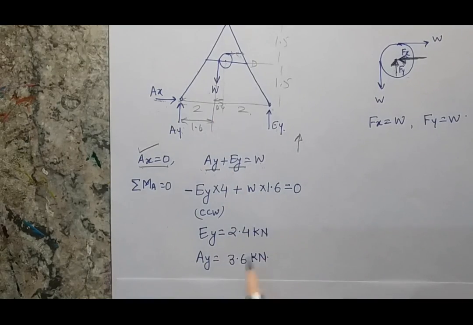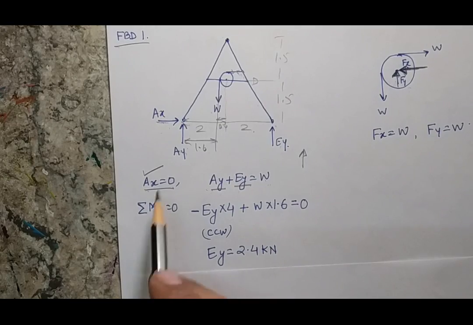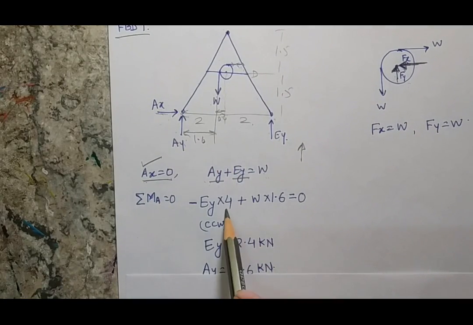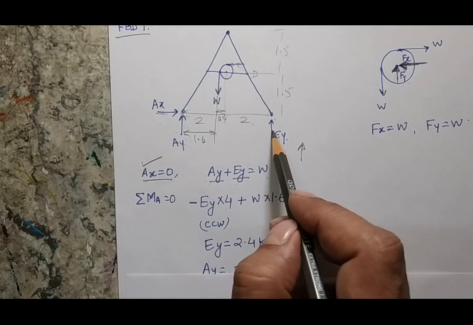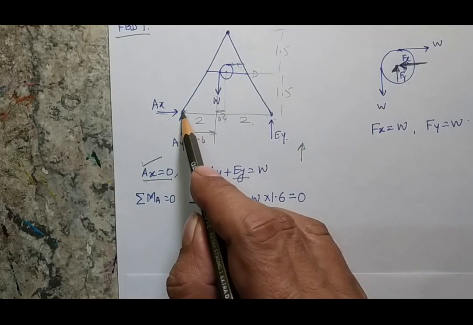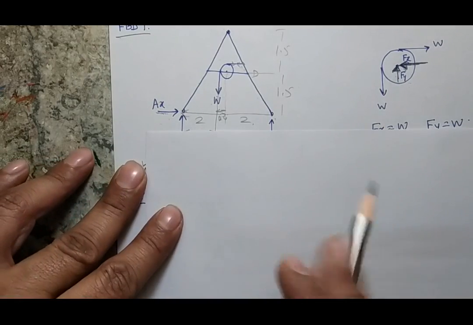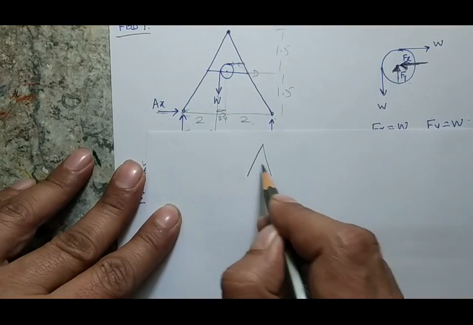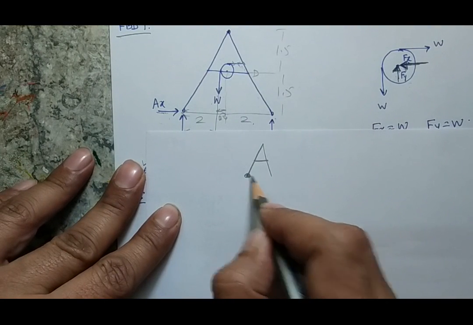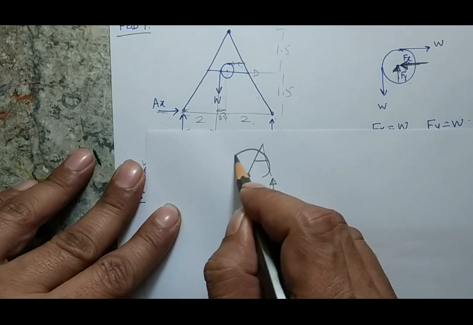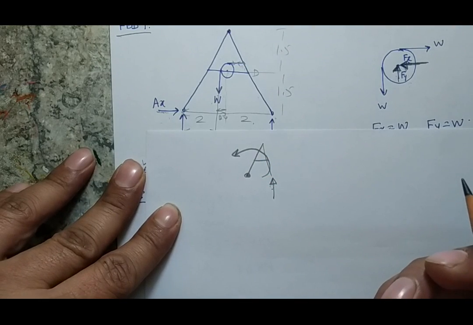So when I am taking the equation of moment at point A, my equation will be EY into 4, and as I know that EY is acting in the upward direction, the effect of EY at this point will be in the counterclockwise direction. If you are still confused, you can consider that this is the diagram of the system and here is the point and I am applying a force here. If I apply a force here, the whole system will try to move in the counterclockwise direction.